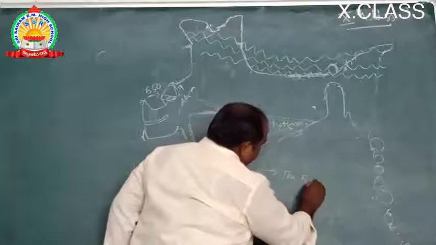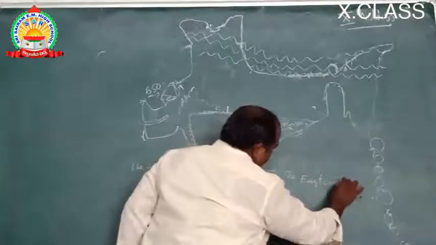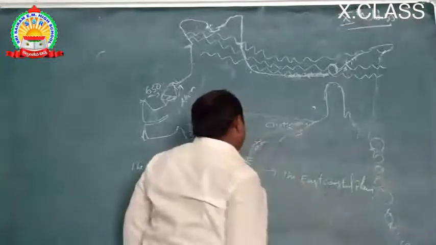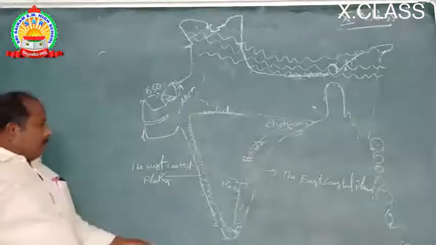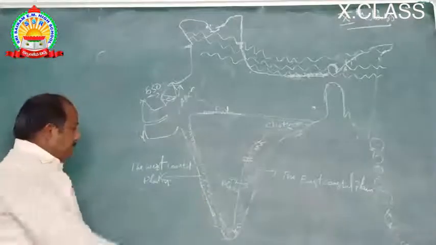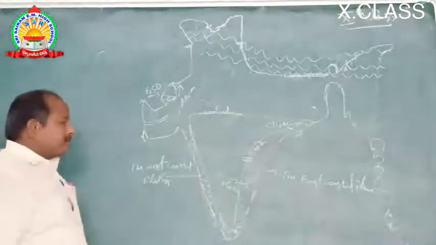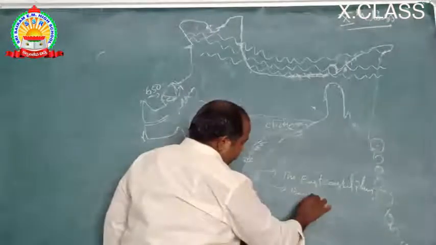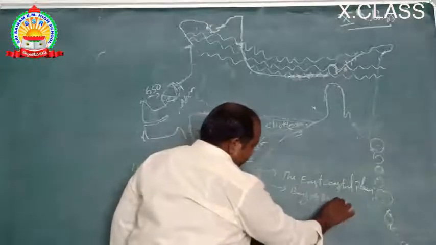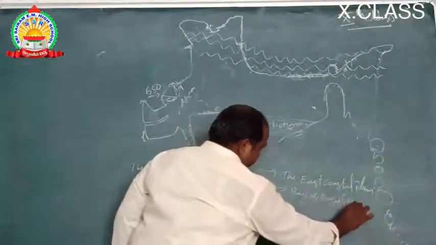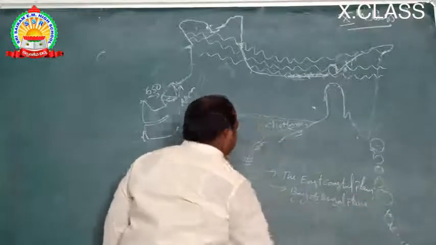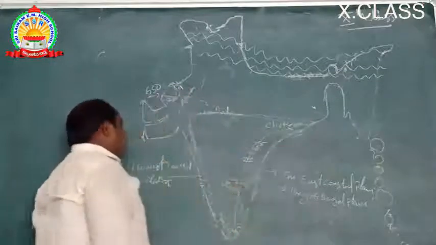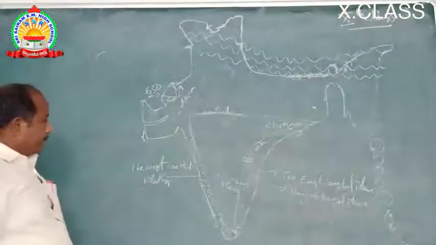The east coastal plain is also known as the Bay of Bengal plain.